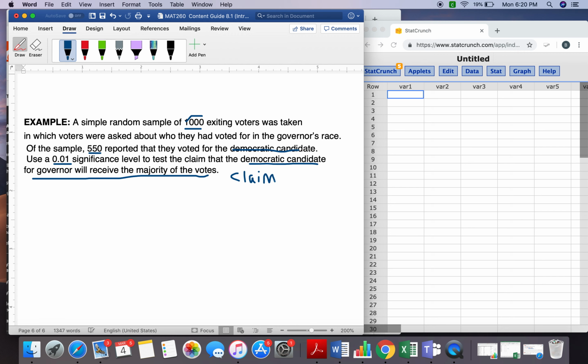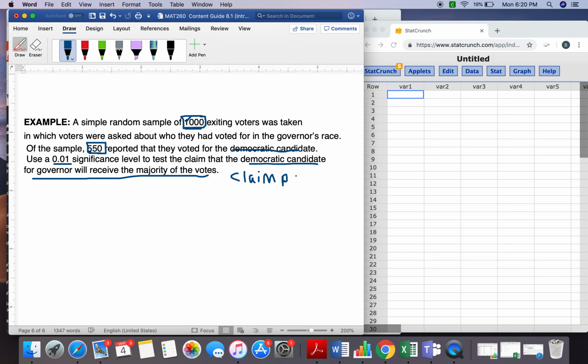And we want to write this in a way of our proportions. So we know this one is a proportion because we are talking about the majority of the votes, which would be a percentage, and we have 550 out of 1,000. So whenever you have something out of something, this is going to be a proportion. So we want majority of the votes.